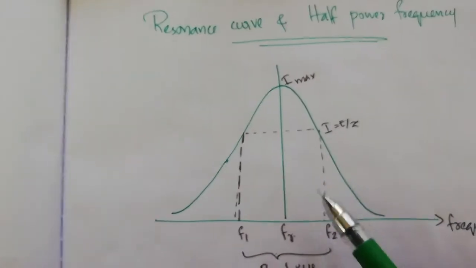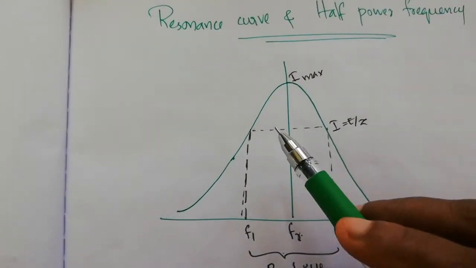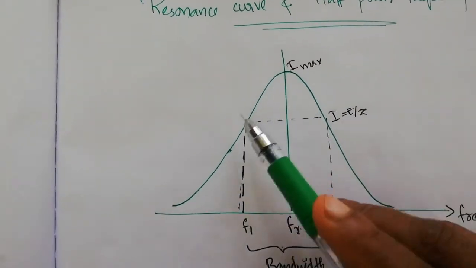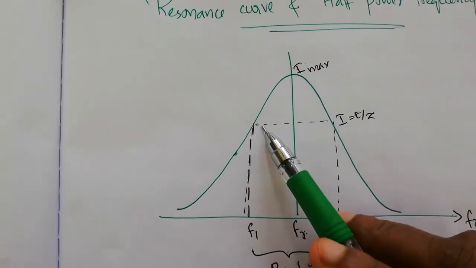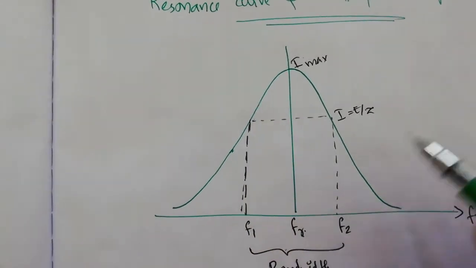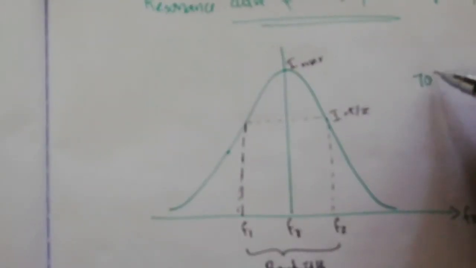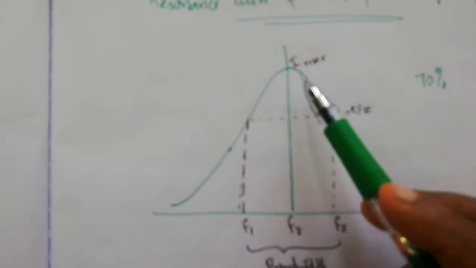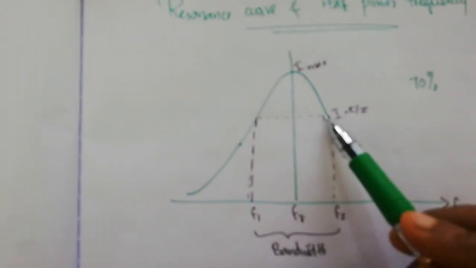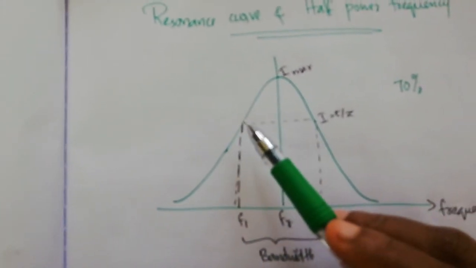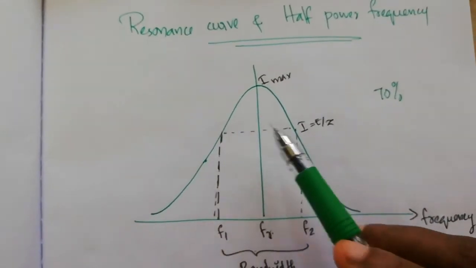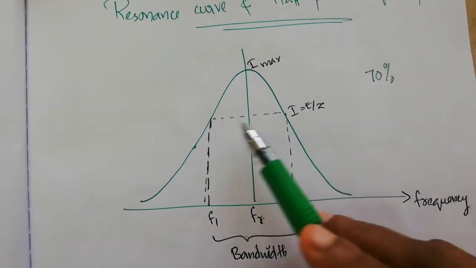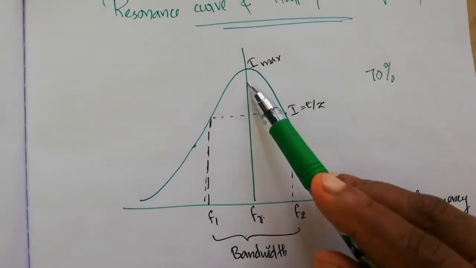On either side of this resonant frequency, there are frequencies for which the value of current is reduced to 70% of its maximum value. That is represented here and here. That is, it is flowing by 70% of this I max.